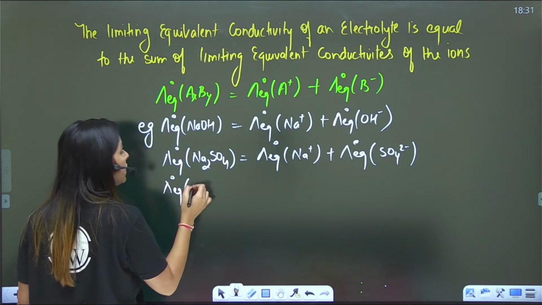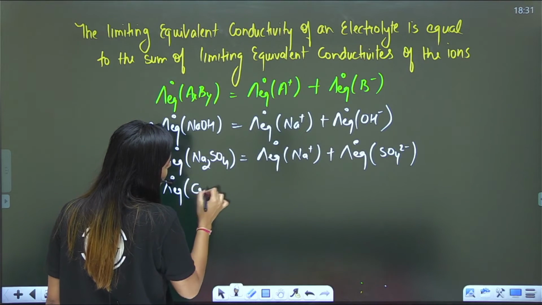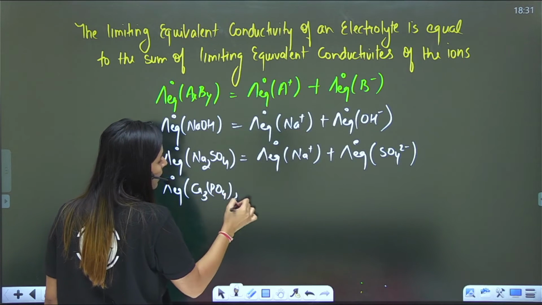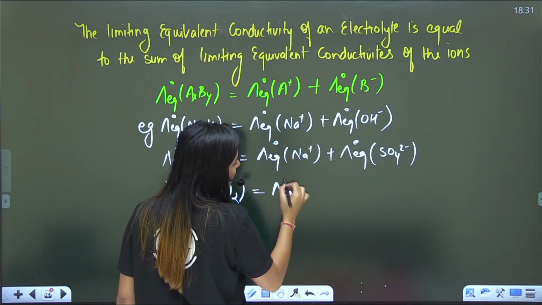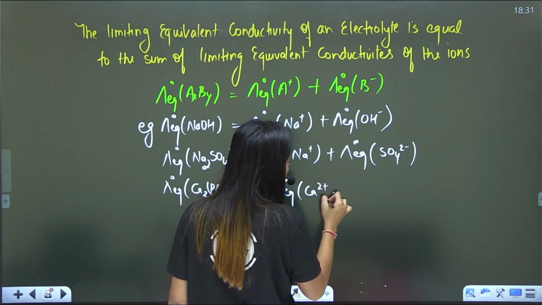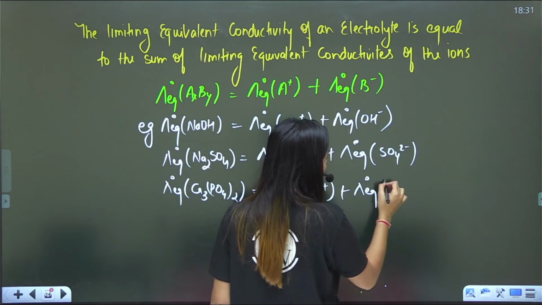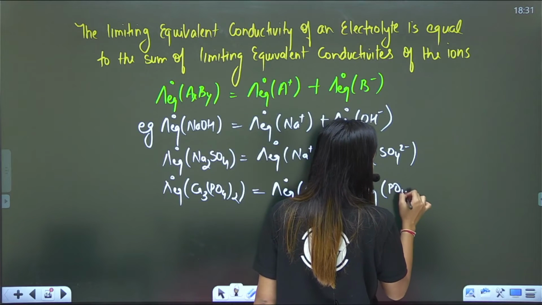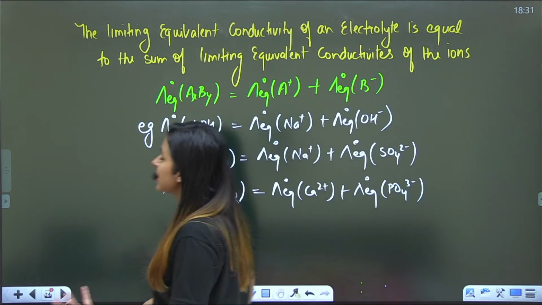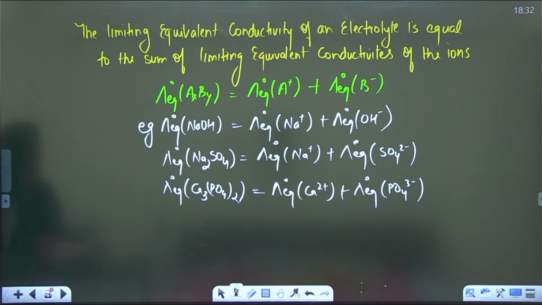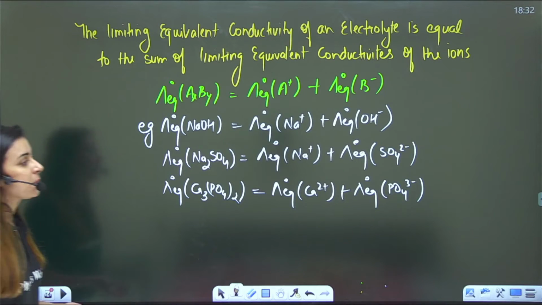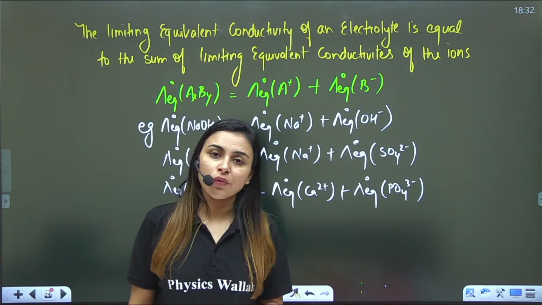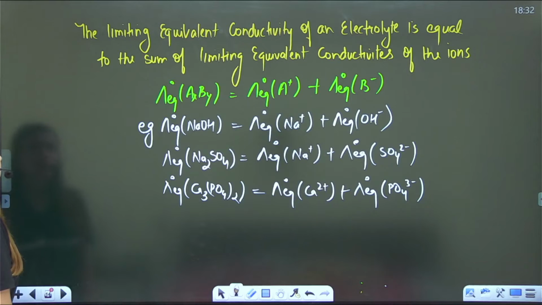Equivalent conductivity for, let's say, Ca3(PO4)2: equivalent conductivity for Ca2+ plus limiting equivalent conductivity for PO4 3−. So this is how you calculate the limiting equivalent conductivities of the various electrolytes. I hope you are clear with this. Pause the video, write it, and then we'll move forward.